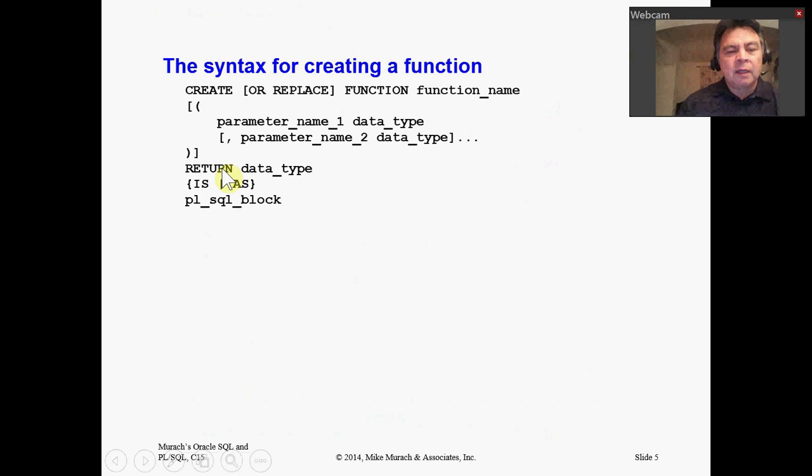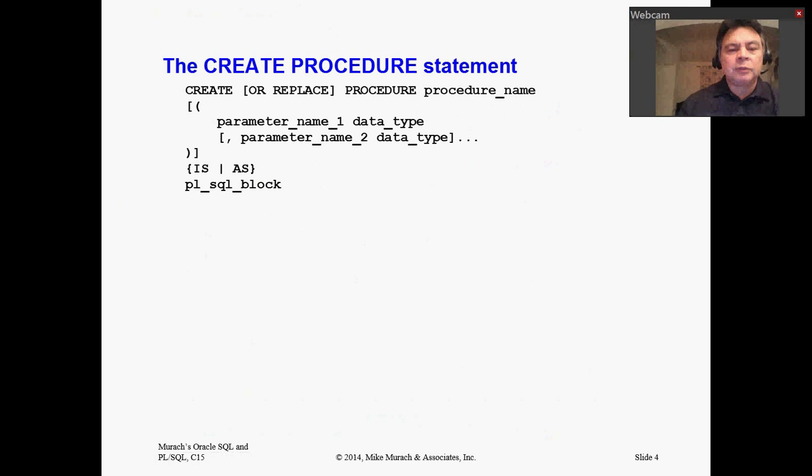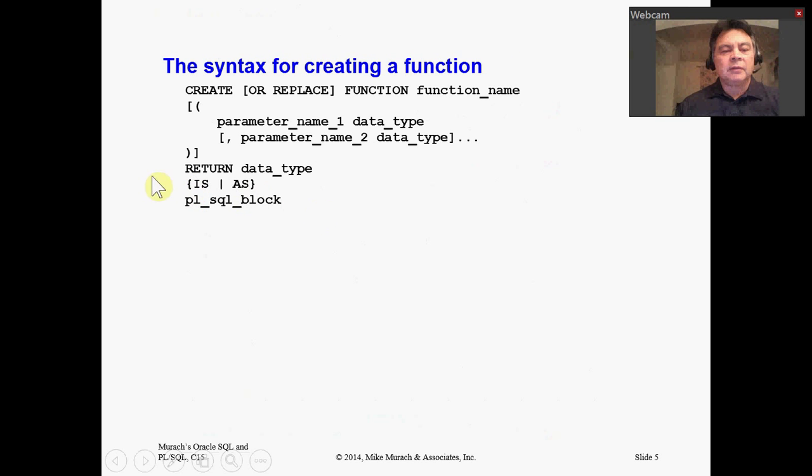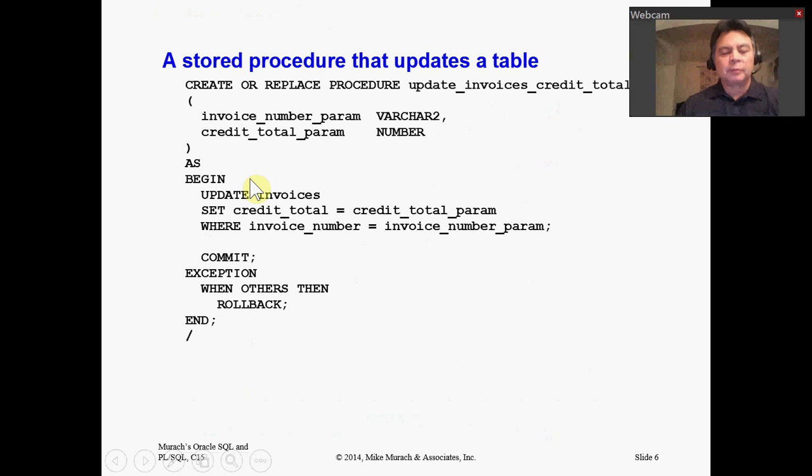The difference is that the function has a return with the data type. Whatever you're going to bring back as you call the function, it's going to bring back as a variable down here. So you can say is or you can say as. Again, you can see the difference between a procedure and a function is basically the return statement, where a function is going to return some information.